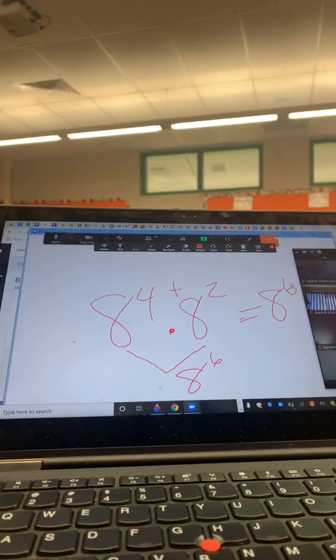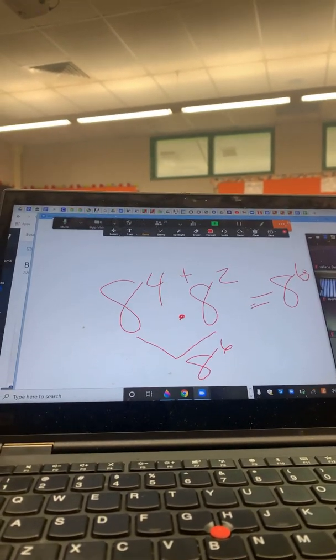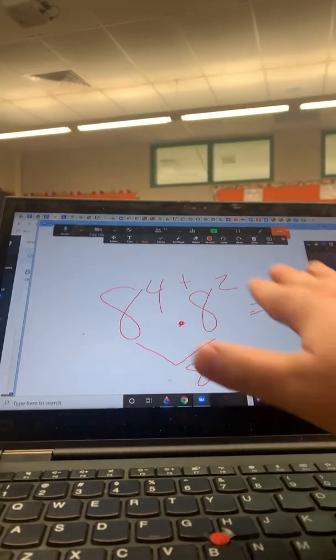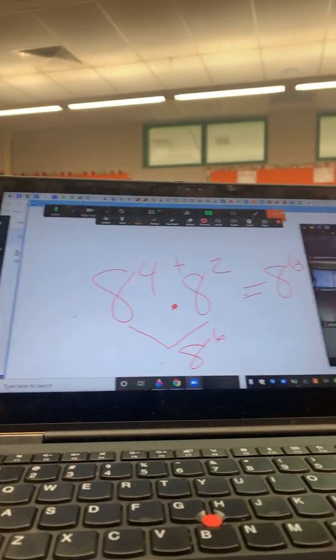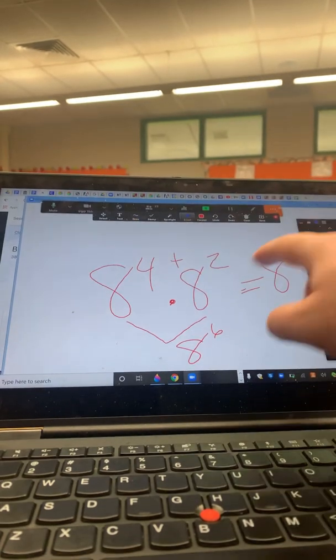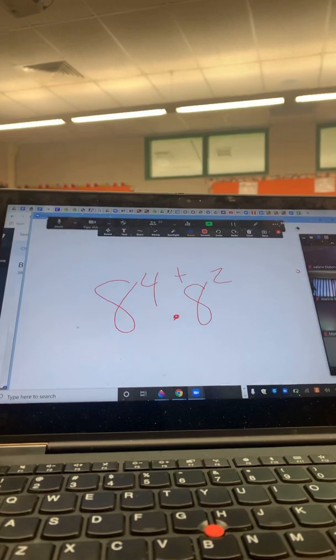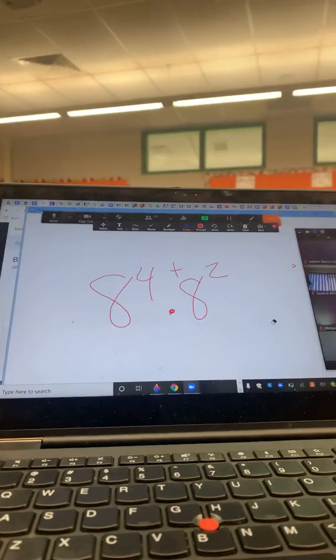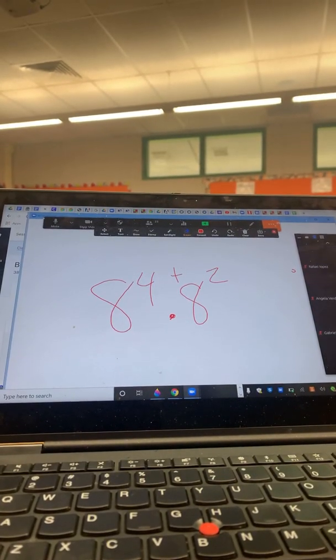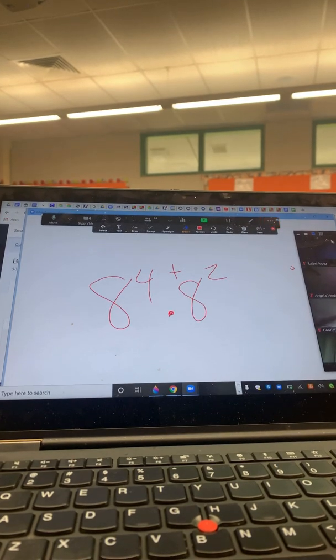You remember, whenever we're in a multiplication problem with the same base, how many powers are in this problem? Hold them up on your fingers. Give me those peace signs.